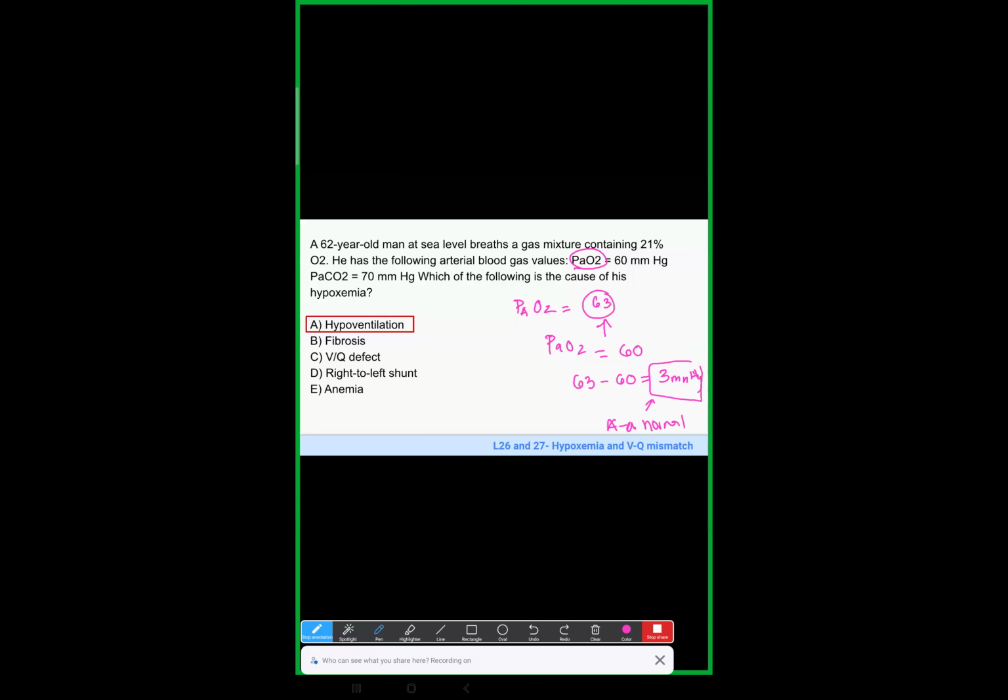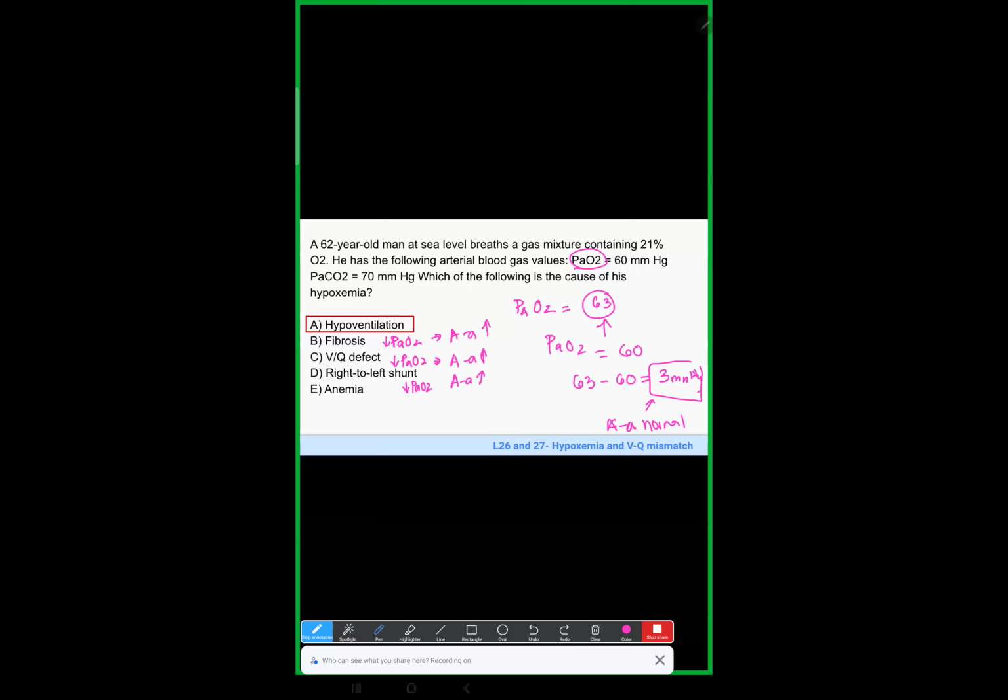For VQ defect, which is basically the ventilation perfusion, if there's a defect in that, you also have a decrease in arterial oxygen. So here we had a decrease in O2, which causes an AA increase. And then here also we had a decrease in PaO2, which causes an AA increase. A right to left shunt would also cause an AA increase because there's a decrease in PaO2.